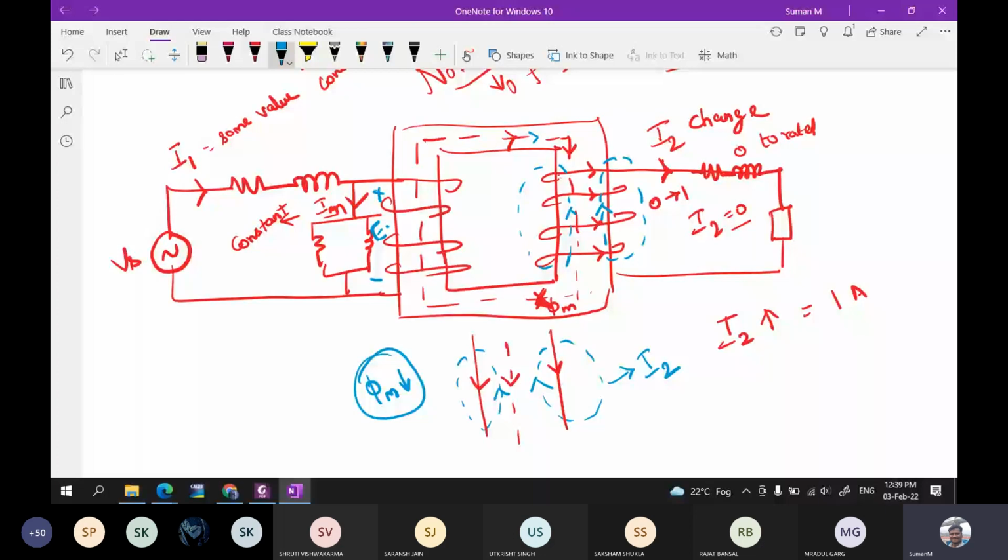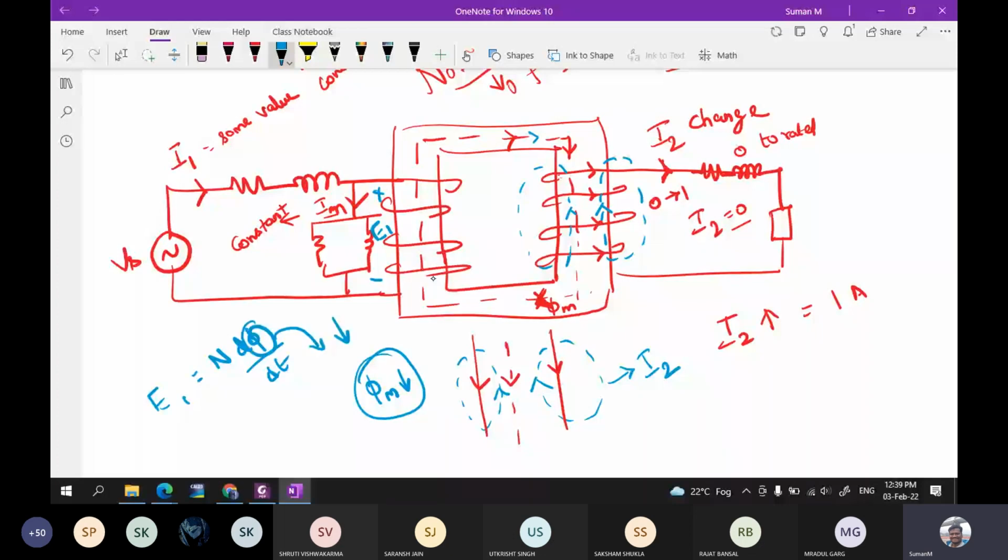When the current is increasing, the opposing flux is increased, and the overall mutual flux is decreasing. E1 is equal to N times d phi by dt. This phi is decreased now.